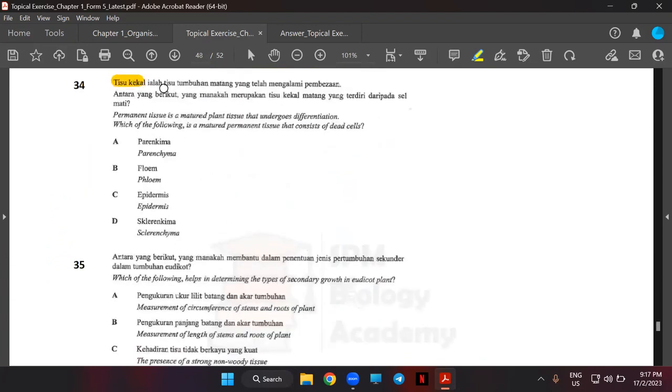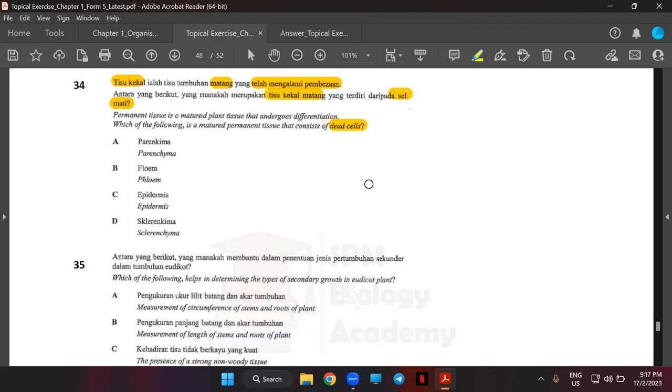Tisu kekal ialah tisu tumbuhan yang sudah matang yang telah mengalami pembezaan. Antara yang berikut yang manakah merupakan tisu kekal matang yang terdiri daripada sel mati? Permanent tissue is a matured plant tissue that undergoes differentiation. Which of the following is a matured permanent tissue that consists of dead cells?